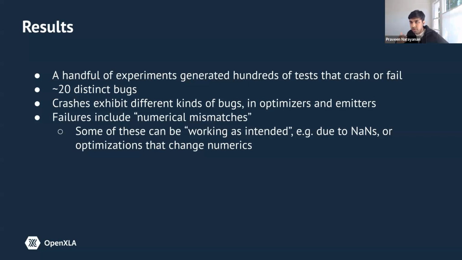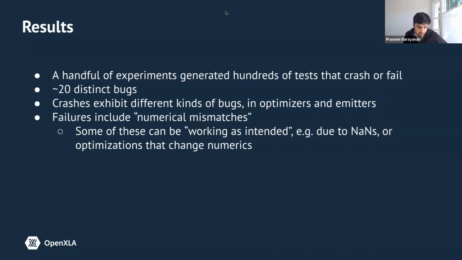You might often see failures that are sometimes not bugs. For example, if we're generating completely random programs and random inputs for these programs, you expect there to be infs or nans, which are actually avoidable as well with a separate transformation that clamps inputs on every op. But there are also optimizations, as our compilers are composed of not necessarily numerics-preserving optimizations.